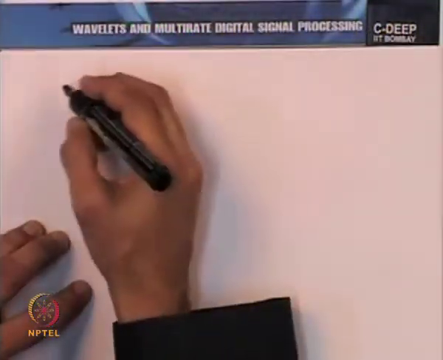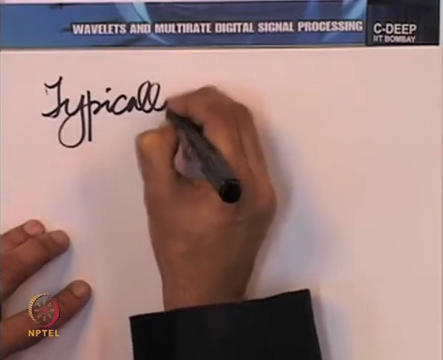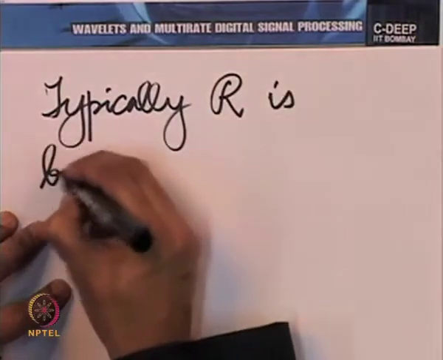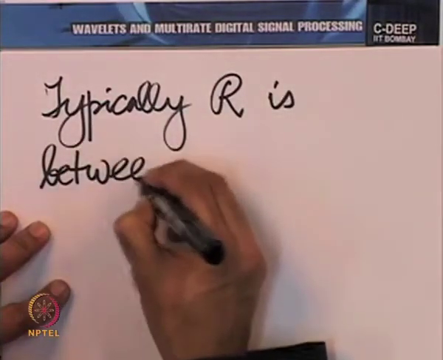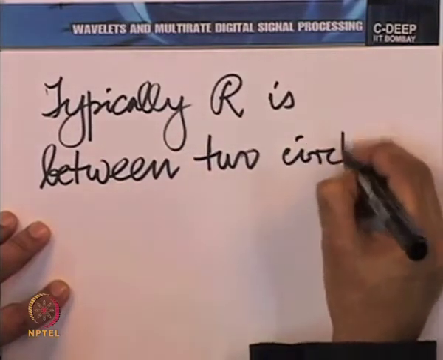So, let me say a little bit about the regions of convergence of a typical Z transform. Typically, R has the following patterns. R is between two circles centered at the origin.